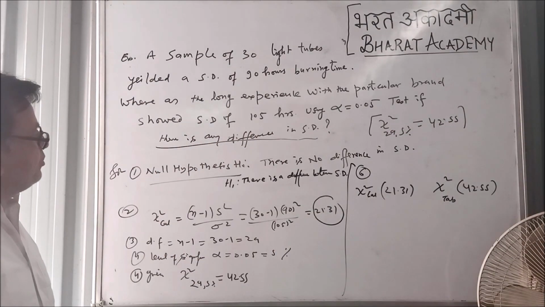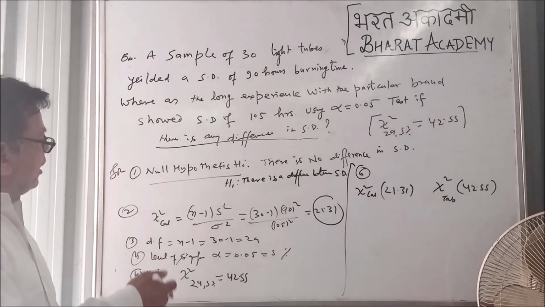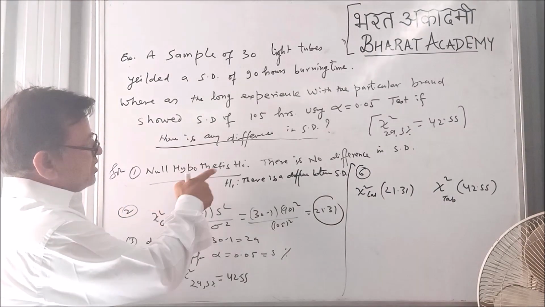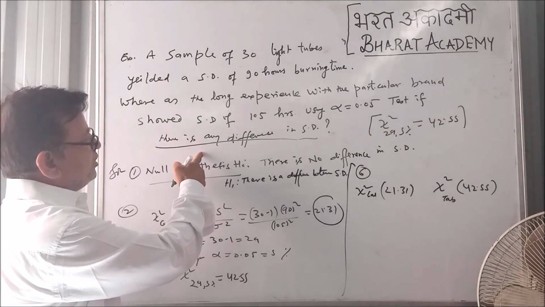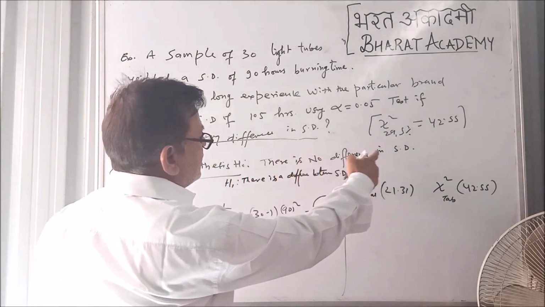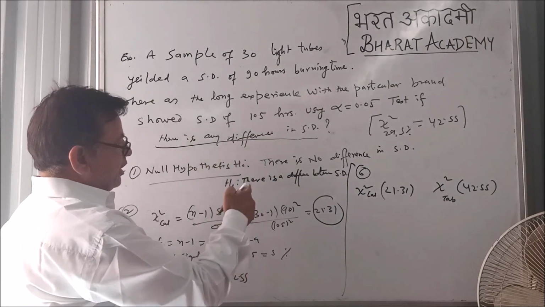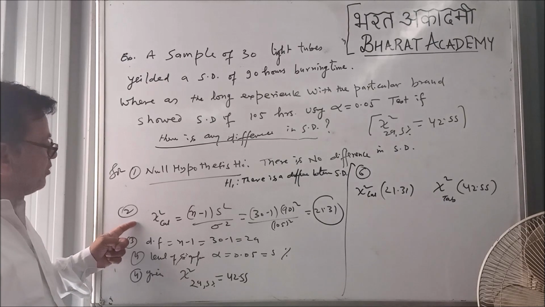Students, as you know, in every hypothesis testing there are certain steps which we have to follow. The first step is the null hypothesis. In this case, the null hypothesis H naught, taken from your question, is that there is no difference in SD, and the alternative hypothesis is just the opposite, there is a difference between SD. The second step is the calculated value of chi-square.